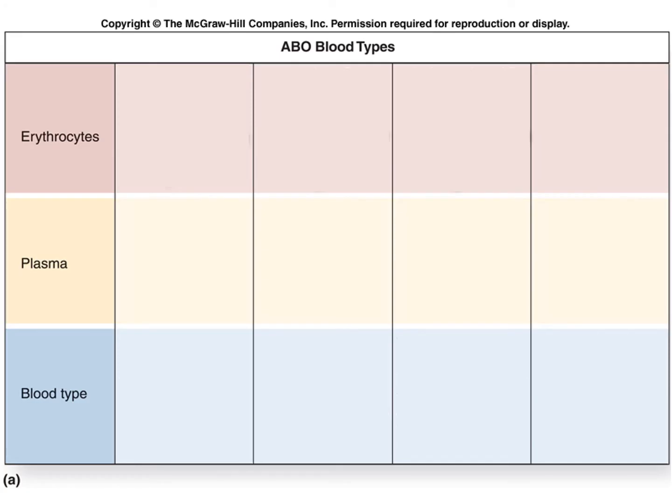So continuing with our discussion about cell surface antigens, what's present in the blood plasma, and what blood type that makes you, let's take a look at some of the different ABO blood types and see the big picture of what's going on. If you have antigen A present on your red blood cells, you are not going to produce an antibody against your own self-antigen.